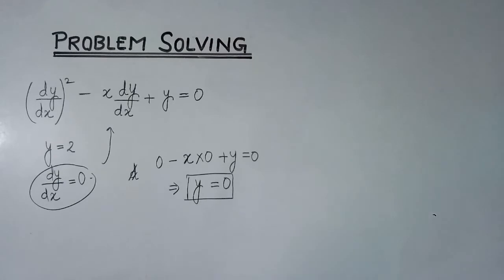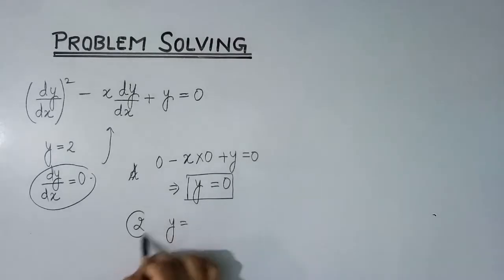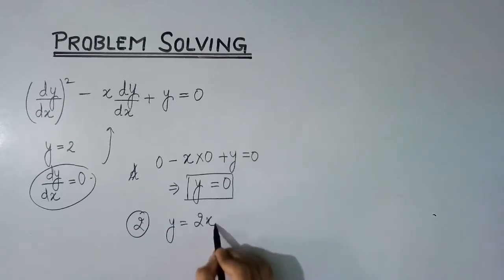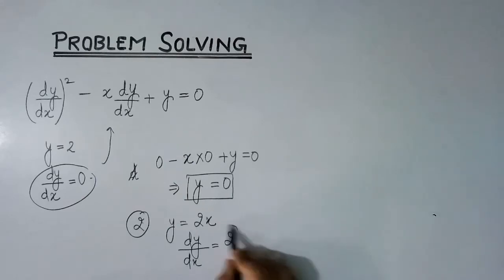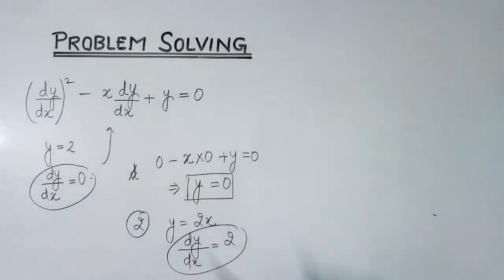Now moving towards the second option, y is equal to 2x. So in this way you can find out your answer using the options also. So here dy by dx is equal to 2. Now again put this dy by dx into this equation.